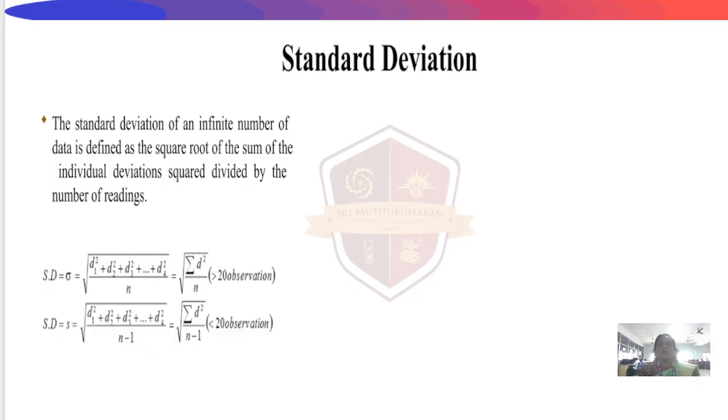For a small number of observations, that is less than 20 readings, standard deviation is given by S equal to square root of sigma d square divided by n minus 1. Here d represents deviations from the mean and n is the total number of readings. Smaller standard deviation means readings are closely grouped and the measurement is more precise.